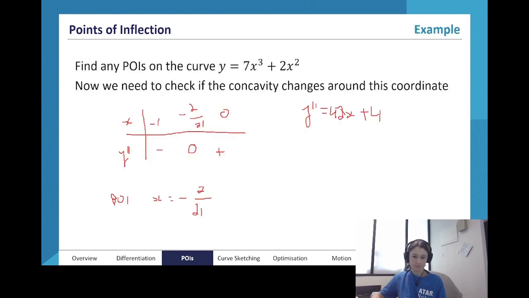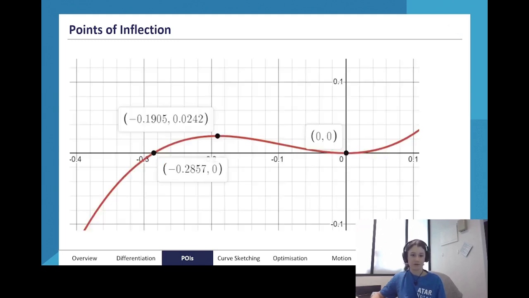So this is how points of inflection can really help with curve sketching, because they tell us what the curve looks like and the concavity of the curve, which is really helpful.